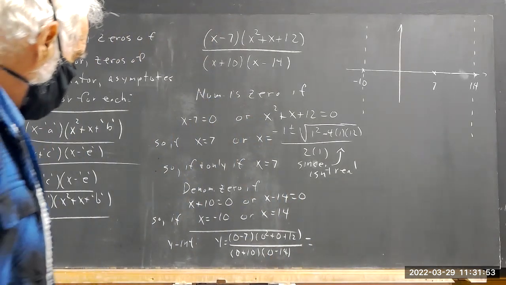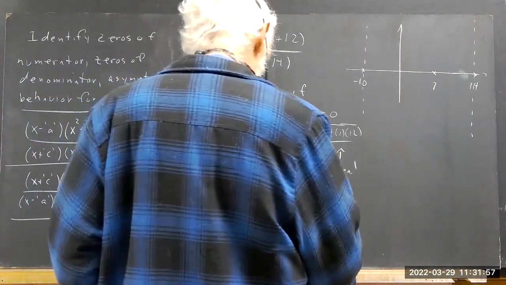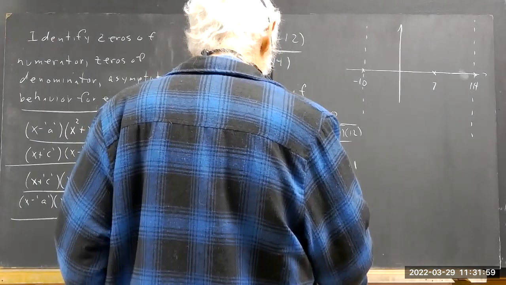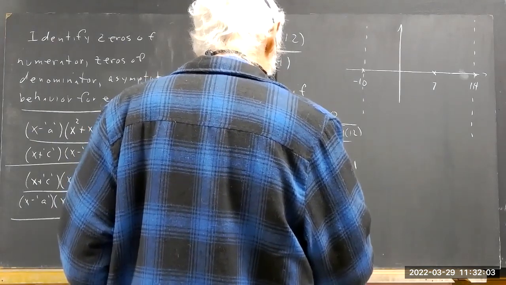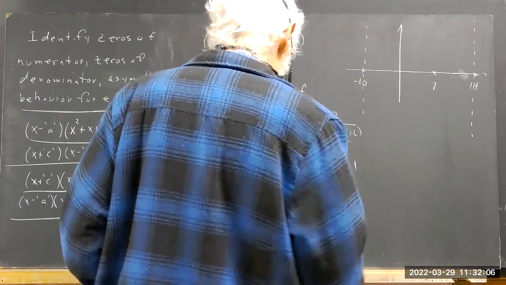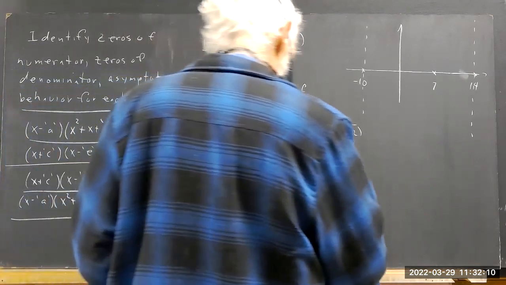Okay. Well, all the zeros just give you 0. That's going to give you -7 times 12 over 10 times -14. That's going to be 84 over 140.